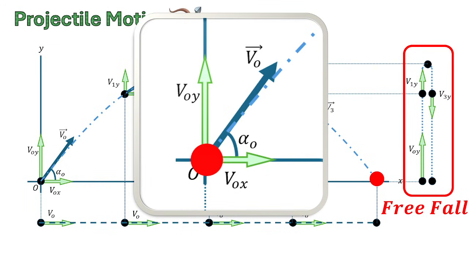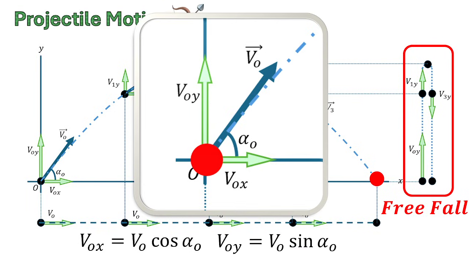Using this figure, we can get the values for our V0x and V0y. V0x is equal to V0 cosine alpha naught. And V0y is equal to V0 sine alpha naught.